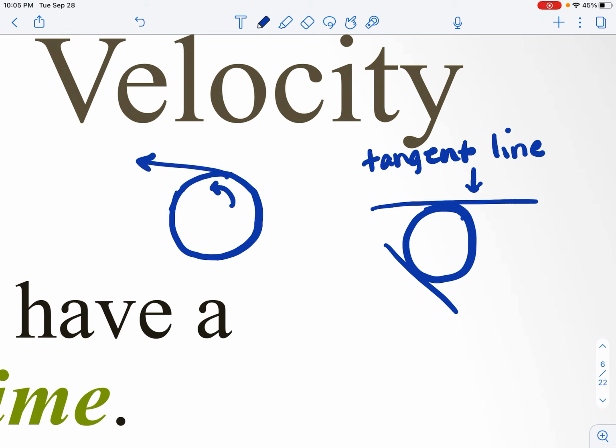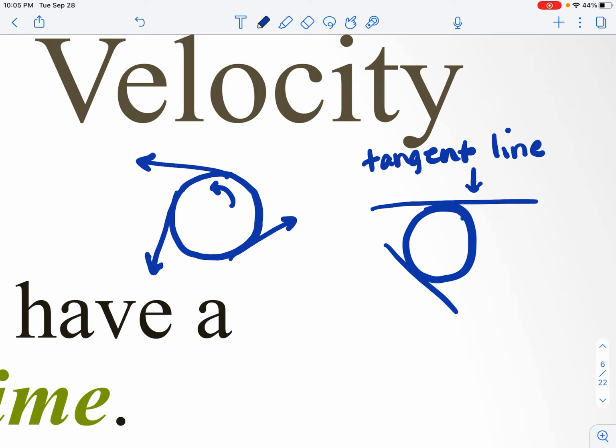But then as the car turns at this moment, this is the direction of the velocity of the car. And now at this moment, here is the direction of the velocity of the car. And so we said that the velocity was not constant because we were discussing linear straight line velocity. And you can see from these straight line vectors that the direction is changing. What direction I point that arrow in changes.